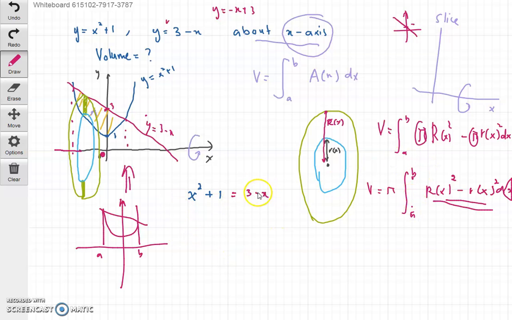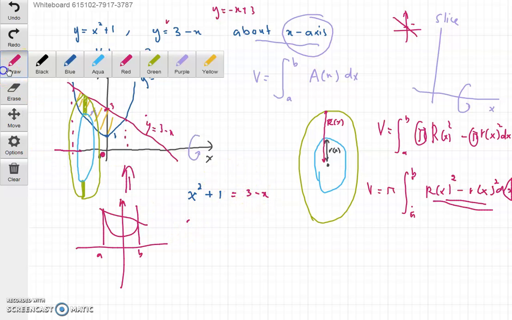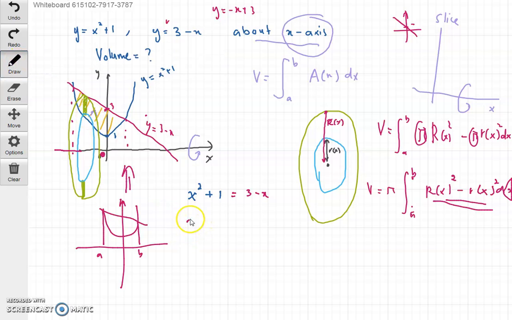So we can bring all the terms from the right hand side to the left hand side. We get x squared plus 1 minus 3 plus x equals 0, which is x squared plus x minus 2 equals 0.